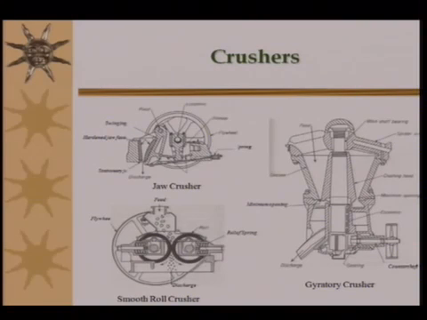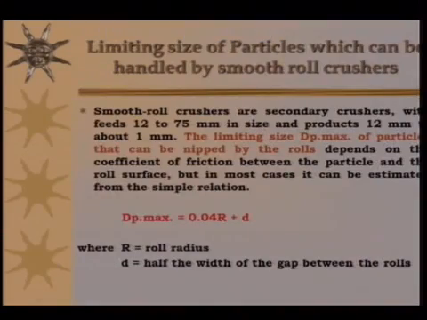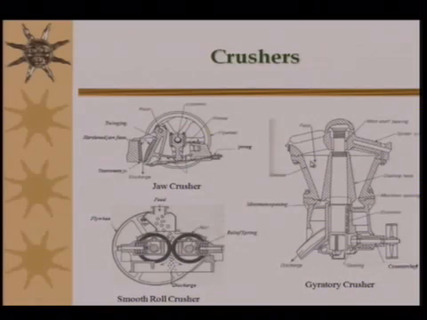Then we have the gyratory crusher. If you see here, the gyratory crusher is nothing but a vertical model of the jaw crusher. Here again, the feed is put into this annular space, and the material comes in this area.